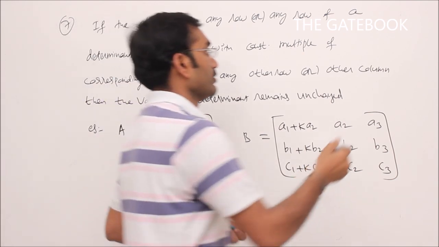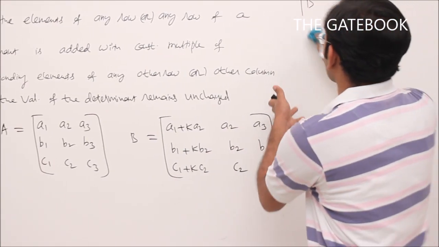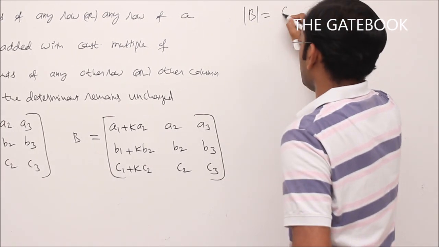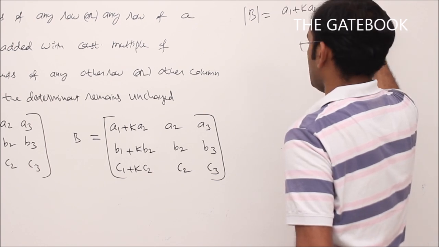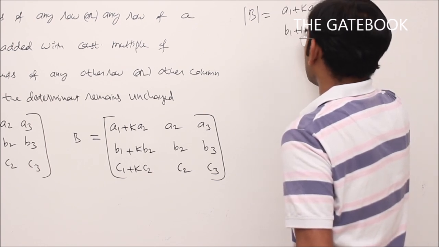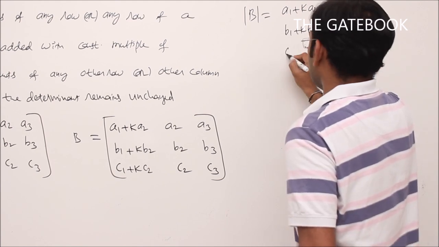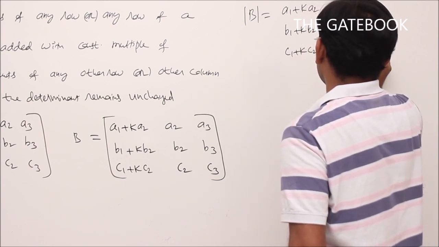So now see the determinant of B. Determinant of B is given like this: A1 plus KA2, A2, A3, B1 plus KB2, B2, B3, C1 plus KC2, C2, C3.